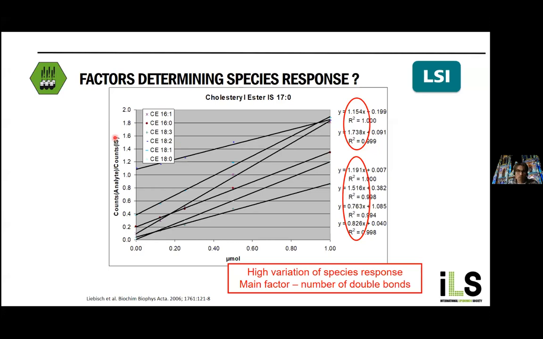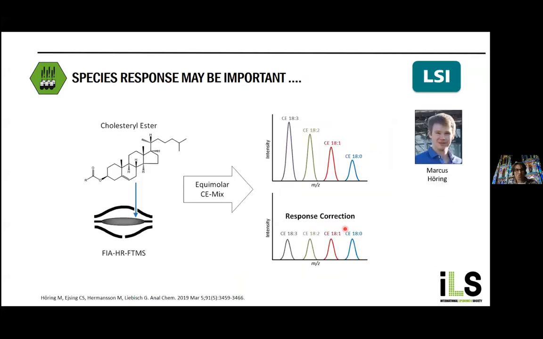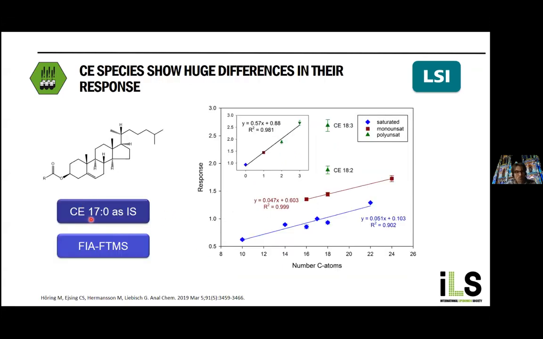Here it's the MS procedure. Marcus evaluated that also for our FTMS method, and he used C17:0 cholesterol ester as internal standard, and used different standards here in variation of chain length, just saturated species, monounsaturated species.